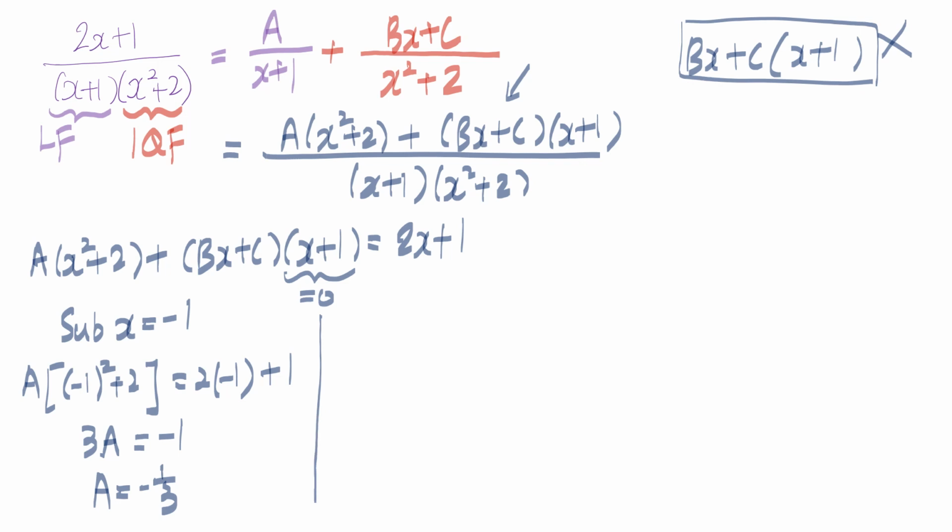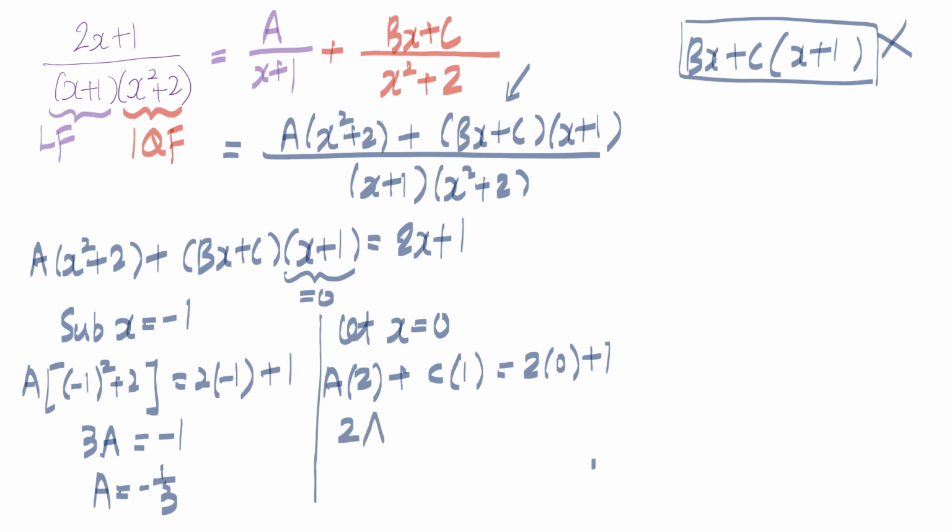Now I'm going to find the constant c, so I can let x equal 0. So I will end up with 0 squared plus 2, which is 2. B times 0 will be 0, so b will be gone, left only c. And then 2, 0 plus 1. So that will give me 2A plus c equals 1. c is 1 minus 2A, and we can substitute the value of A we found earlier on.